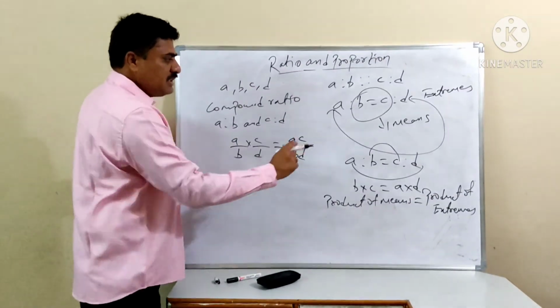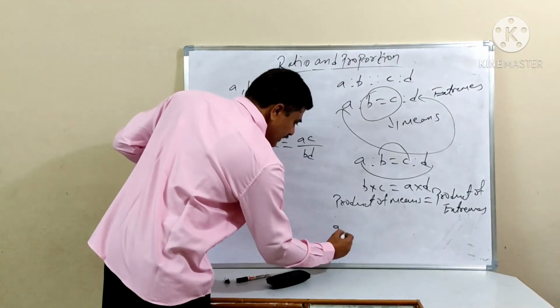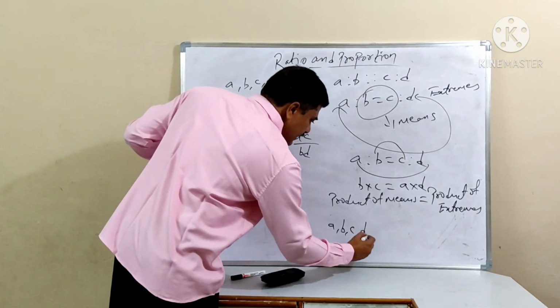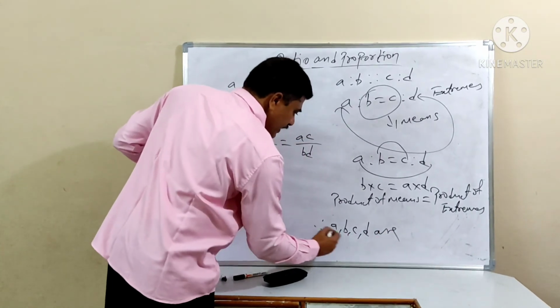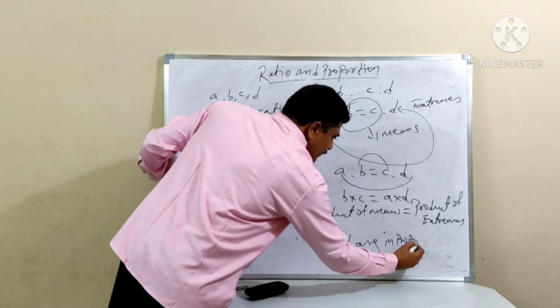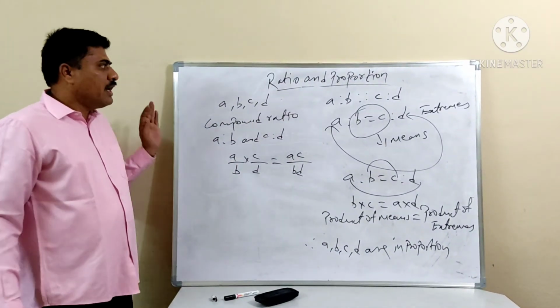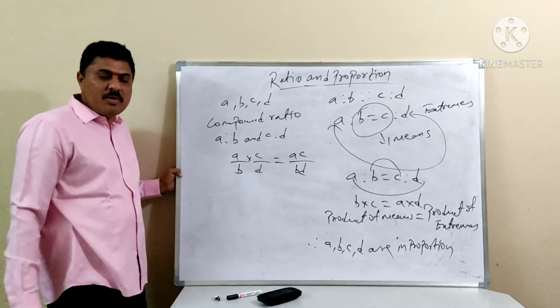If product of means is equal to product of extremes, then we can say that the four quantities A, B, C, D are in proportion. So this is the main concept of ratio and terms related to proportions.